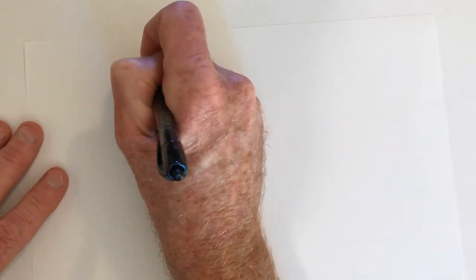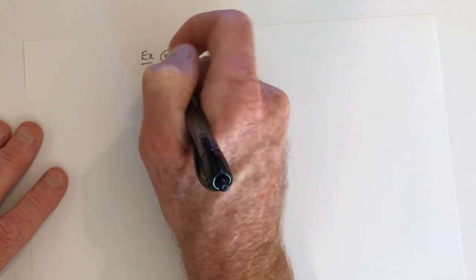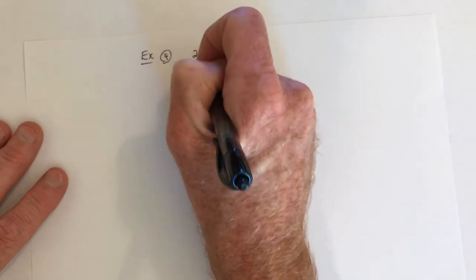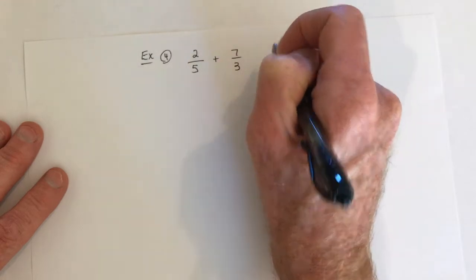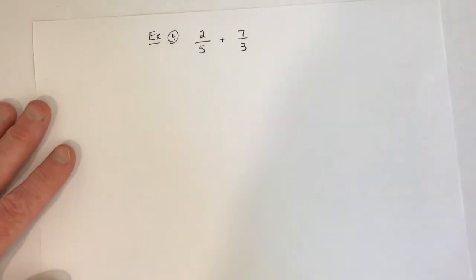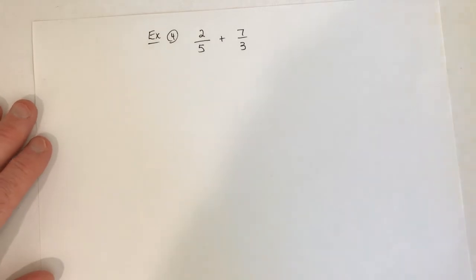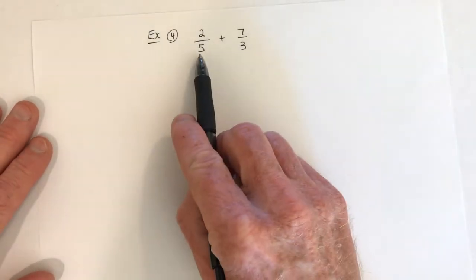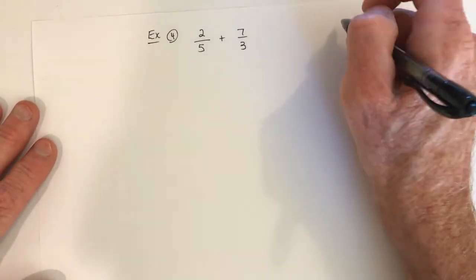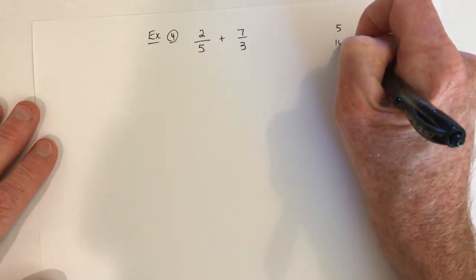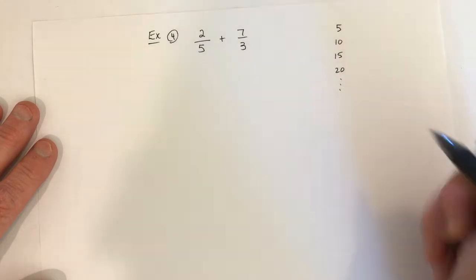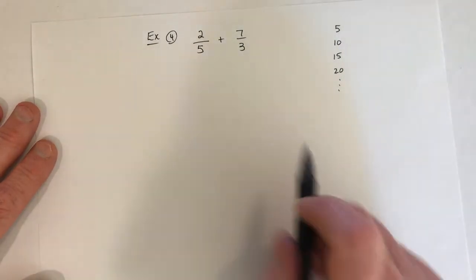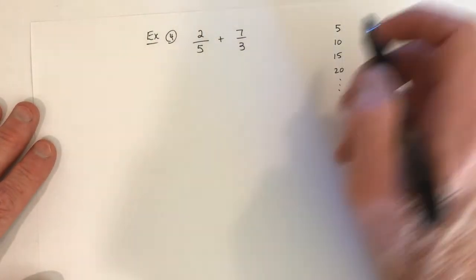So for example, number 4, if it is 2/5 plus 7/3. To get a common denominator, you need to look at the multiples of 5. So there's 5 times 1, 5 times 2, 5 times 3, 5 times 4, etc. And then for 3, look at the multiples of 3.